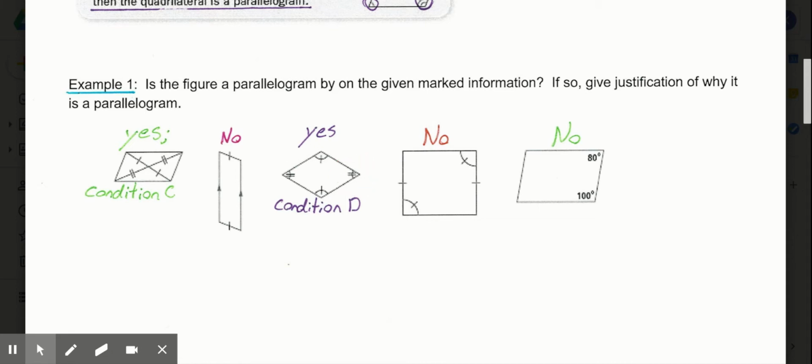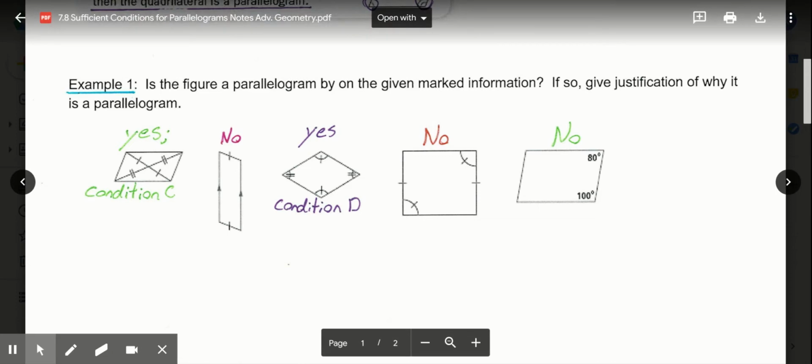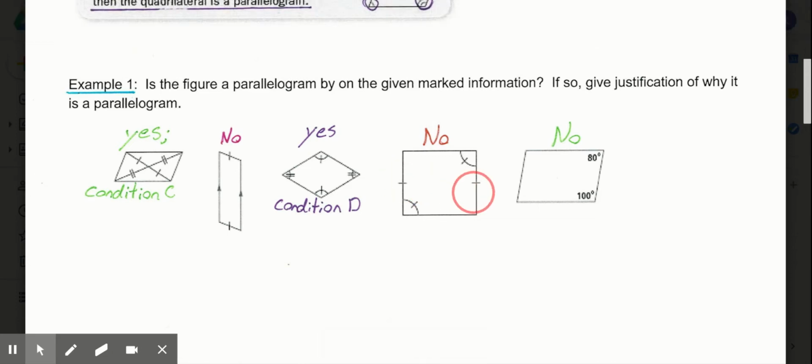So yes, it's a parallelogram from condition D. In our fourth image, our opposite sides are congruent and a set of opposite angles are congruent, but that is not enough information for one of our sufficient conditions. And same with our final image. We were given two different angle measures and no other information, so that also does not satisfy one of our conditions.